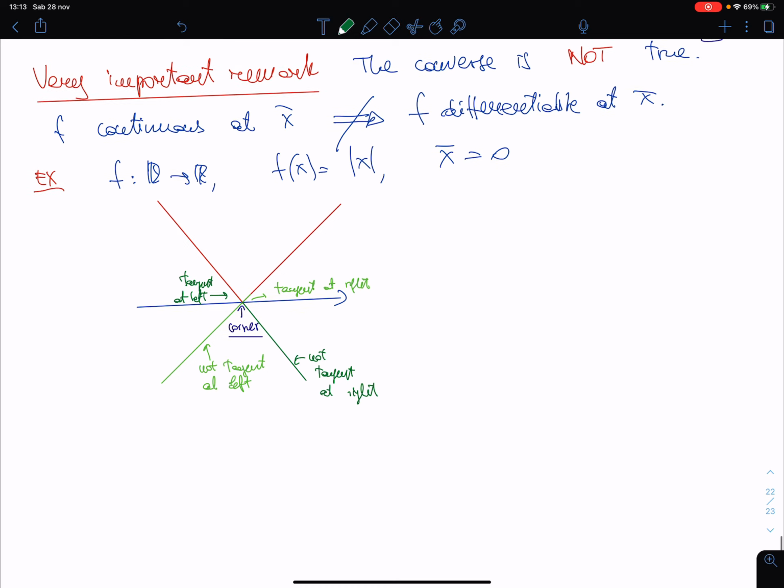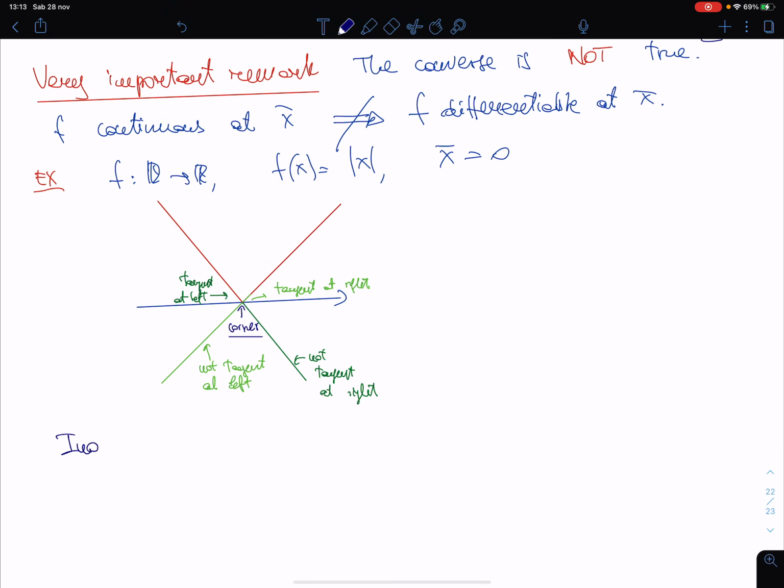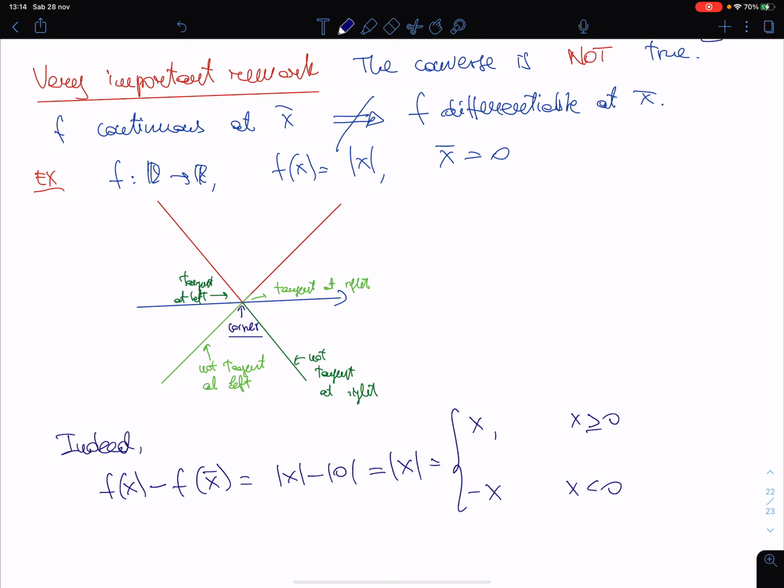Indeed, you have f of x minus f of x bar, this is equal to modulus of x minus 0, and this is, sorry, modulus of x, and this is x for x larger than 0, and minus x for x smaller than 0.